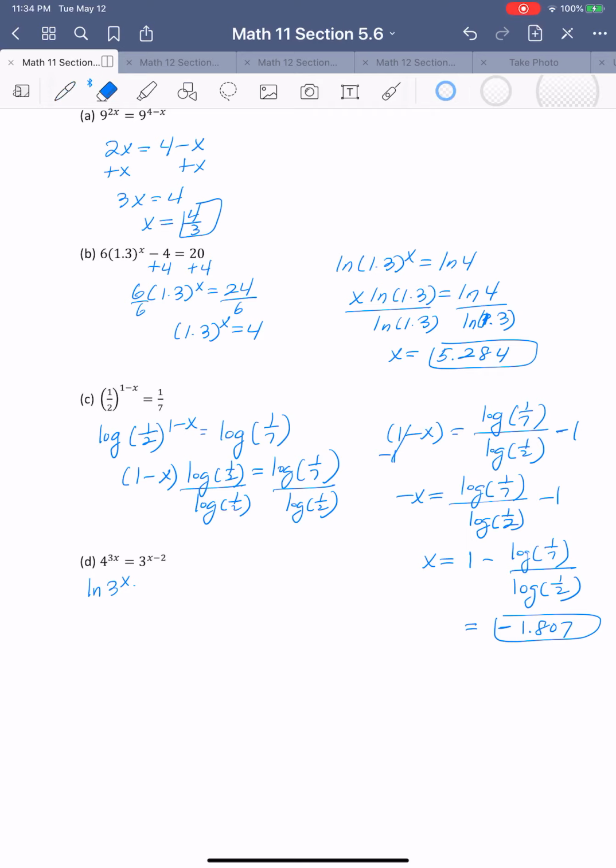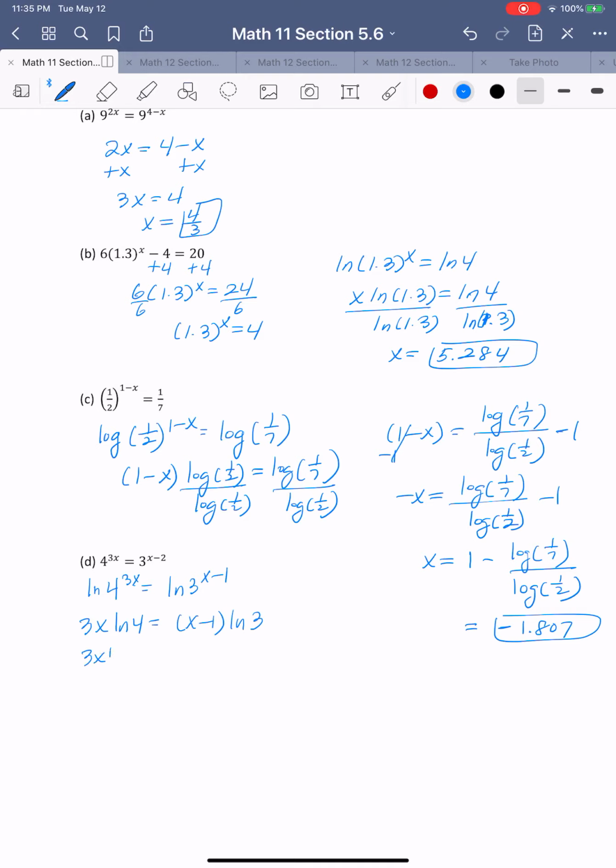So ln of 4 to the 3x power equals ln of 3 to the x minus 1. And you can pull out the exponent: 3x ln 4 equals (x minus 1) ln 3. This time your x is on the left and the right too.